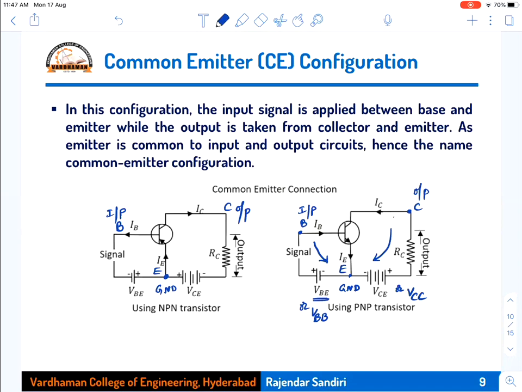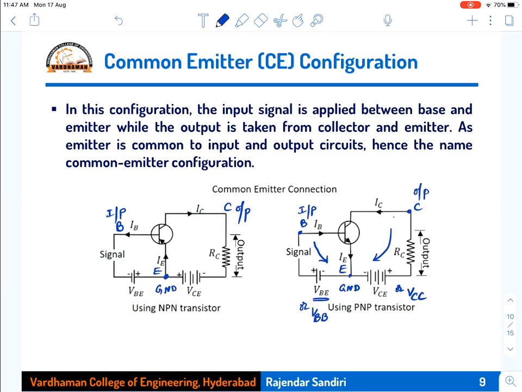Now from these diagrams, what you are understanding is these two transistors, NPN and PNP, whatever you take, it is a common emitter connection or common emitter configuration. Emitter is ground, base is input, collector is output. And we are connecting a battery between input to ground and output to ground. Those batteries are VBE, VCE.